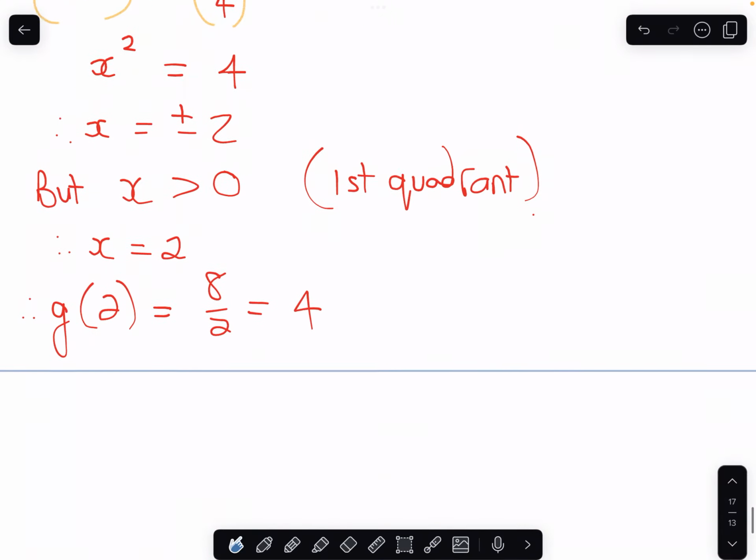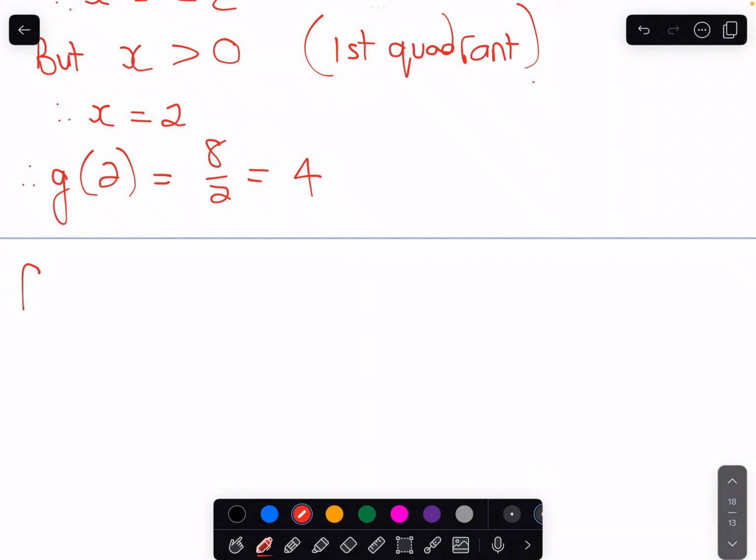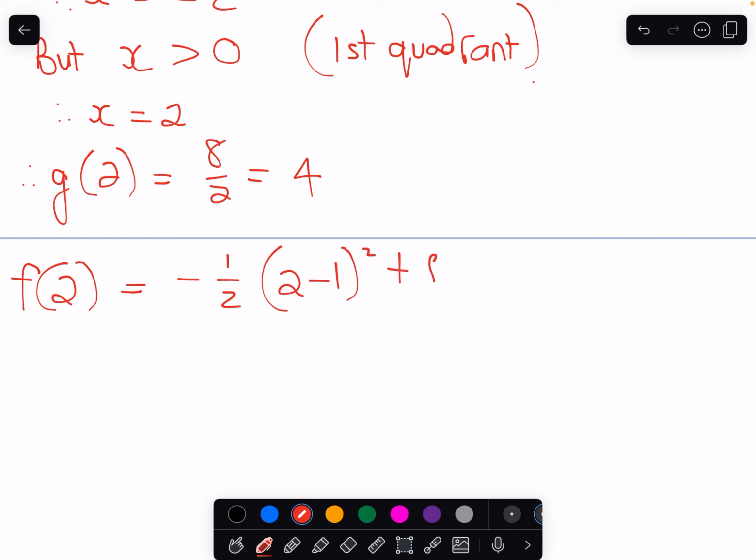So what is the value of the parabola function when x is equal to 2? It is minus 1 minus a half times (x minus 1) squared plus 8, which is minus a half times 1 squared, which is 1, plus 8. 8 minus a half is 7 and a half, which is 15 over 2.